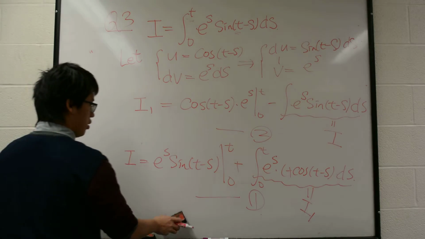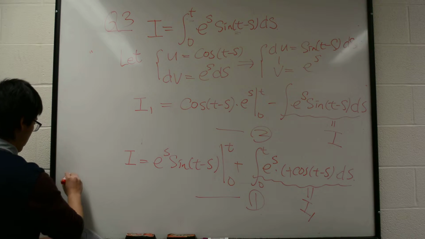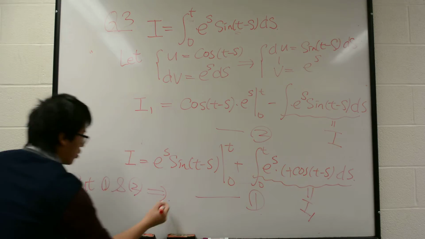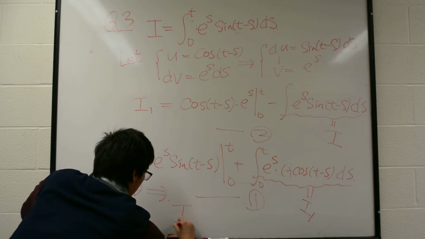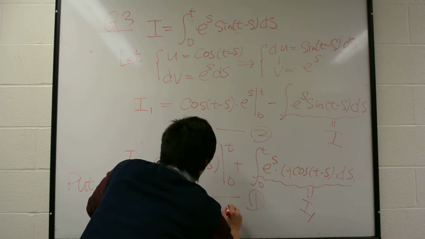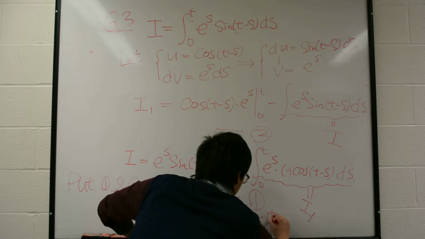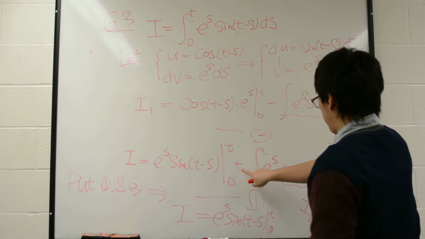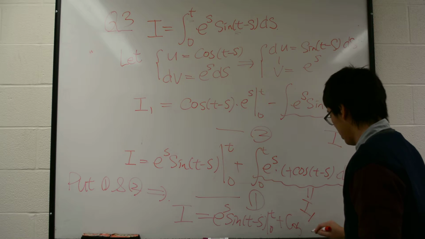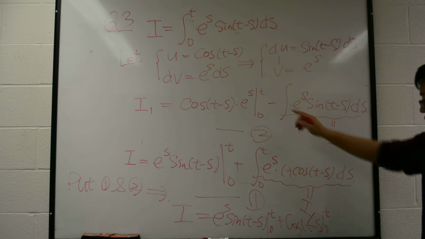We will have I equal to e to the s sine(t minus s) from 0 to t, plus I1, which is cosine(t minus s) from 0 to t, minus I.